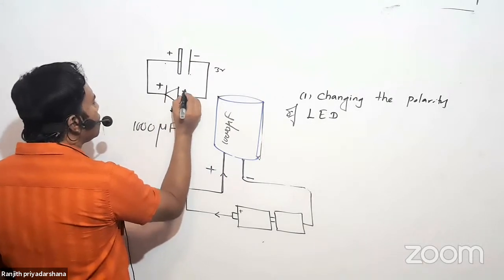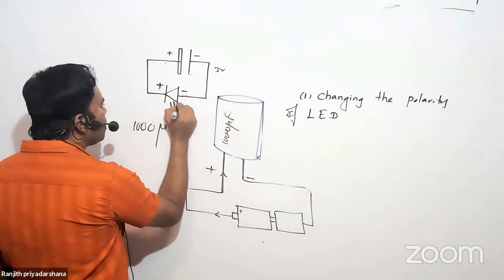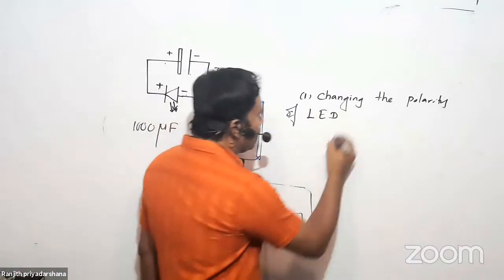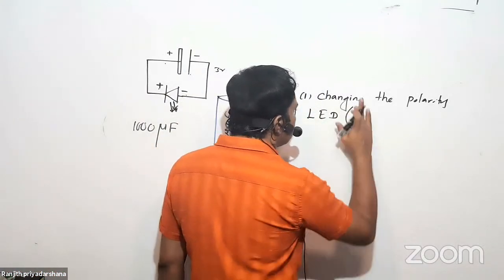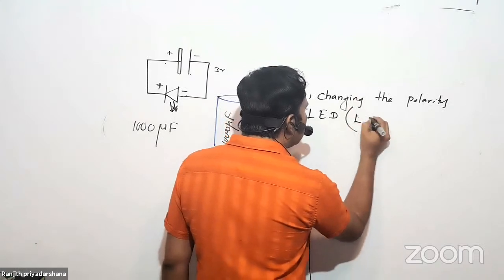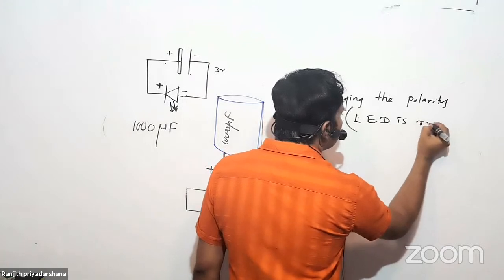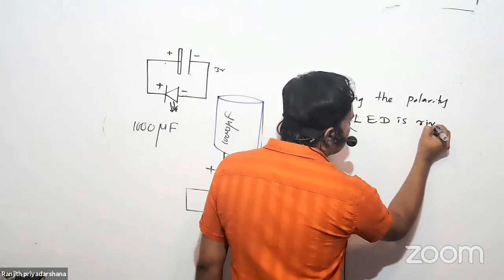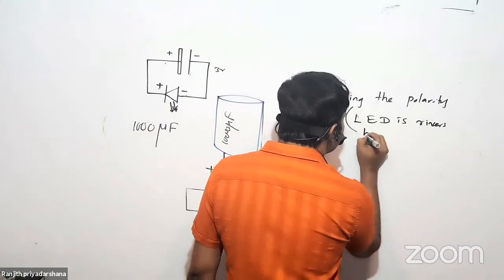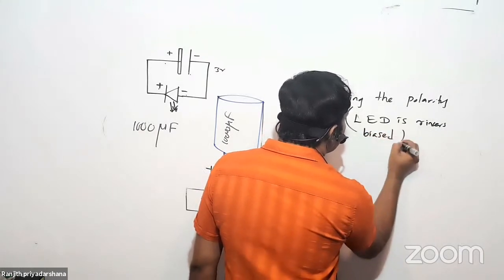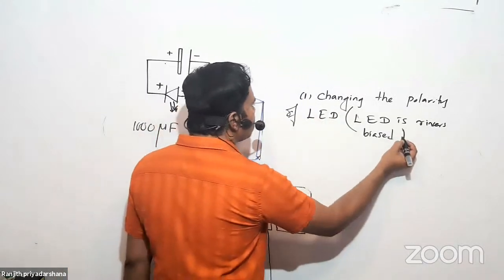There's a name for this: the diode is reverse biased. Keep it in mind, but no need to write that in the exam, that's not in your level. The LED is reverse biased, and that's why it does not light up.